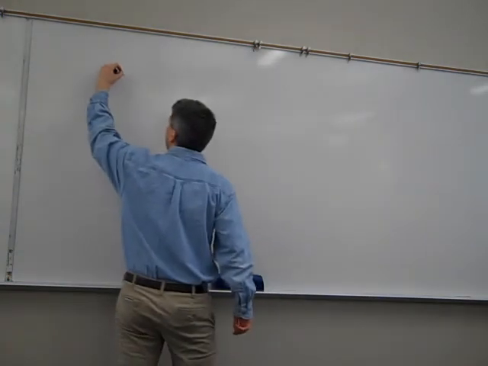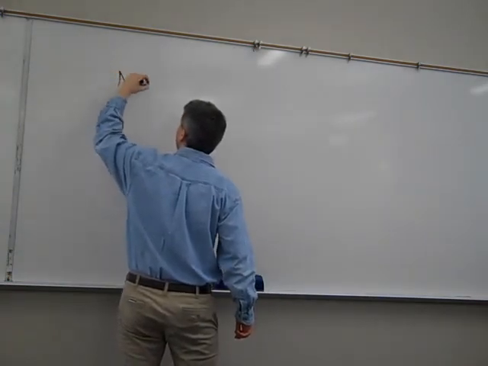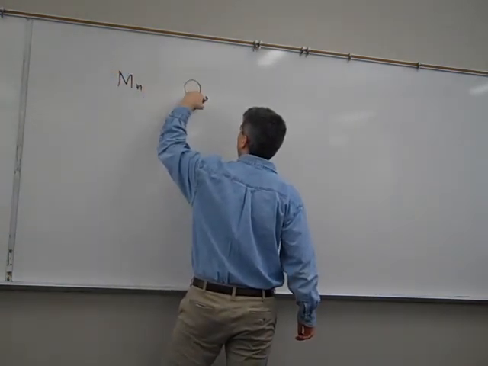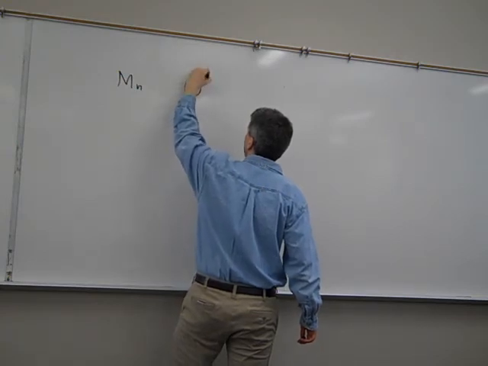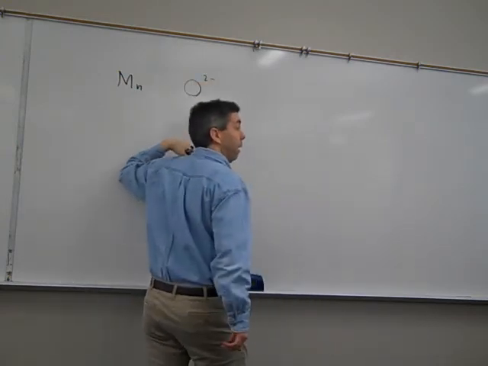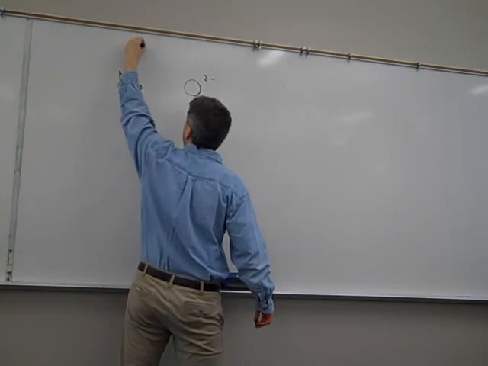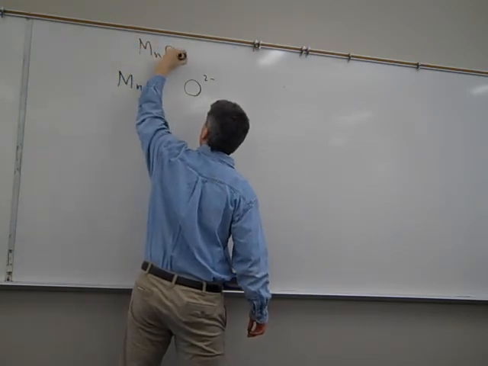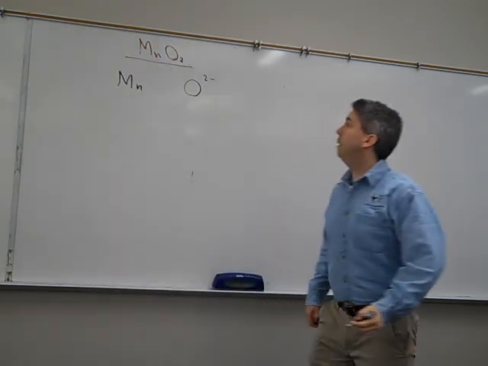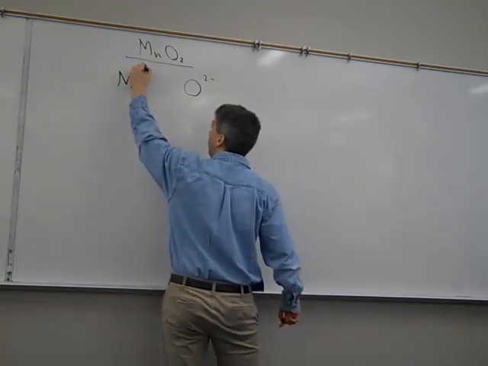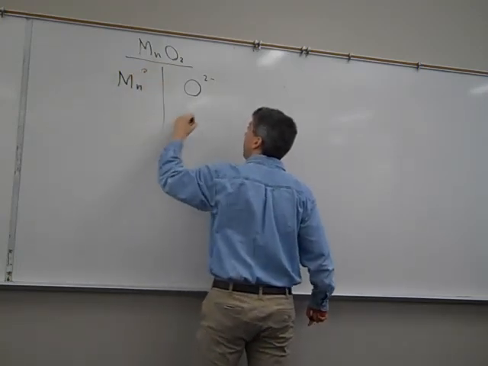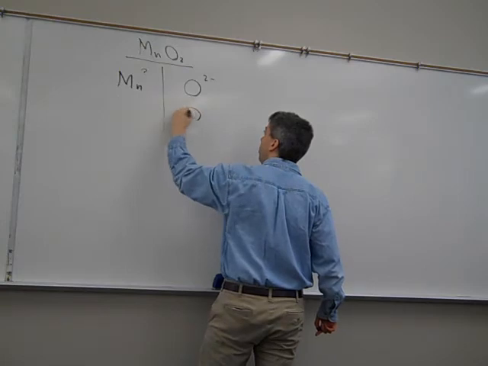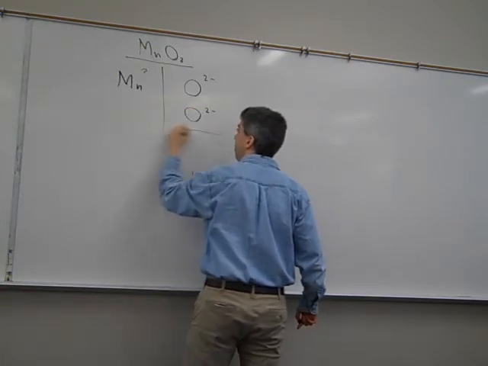Alright, so basically, for manganese 4 oxide, first of all, manganese is Mn, and then oxide, of course, is O with the 2 minus charge, right? And the formula is given as MnO2. I don't know what the charge of manganese is, but I know that I have 2 oxygens, each one with a -2 charge.